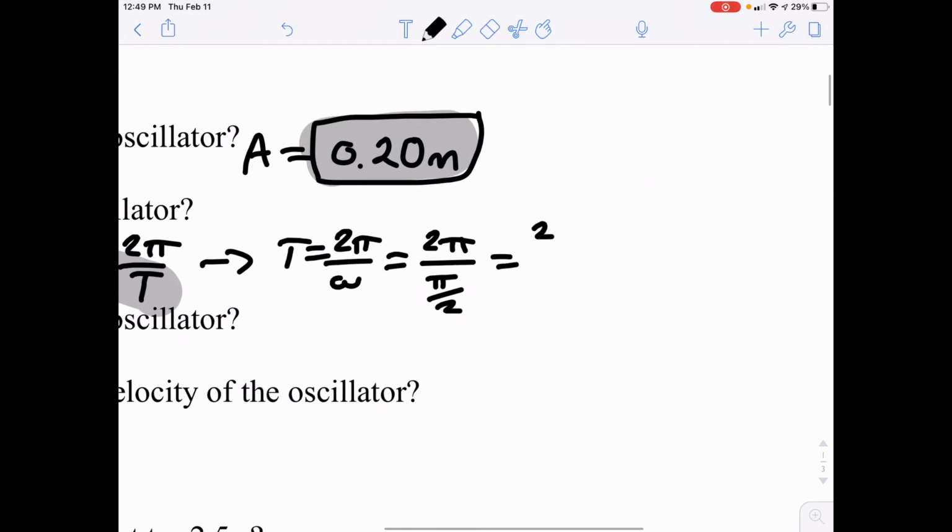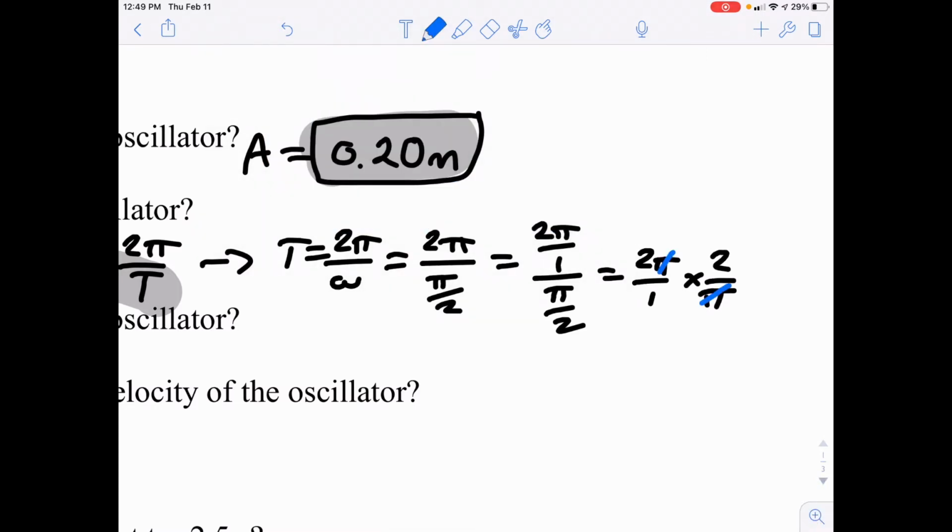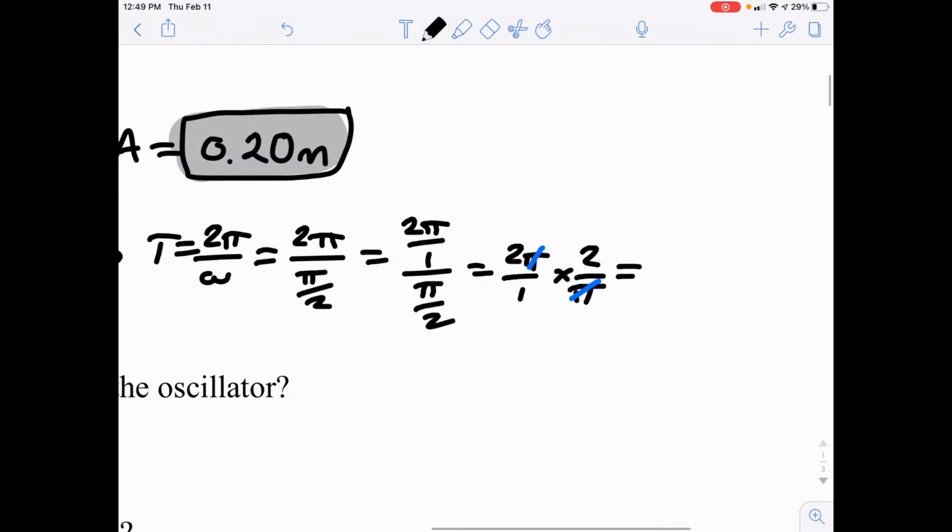Well, that's the same thing as 2 pi over 1 times 2 over pi, right? We multiply by the reciprocal of the bottom. Cancels, cancels, and we can see we end up with a period of 4 seconds.